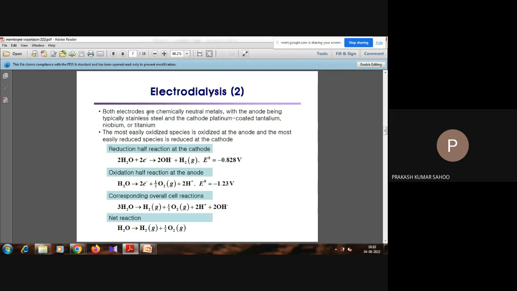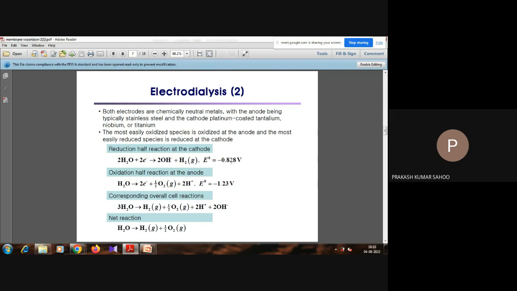Both the electrodes are chemically neutral metals, with the anode being typically stainless steel and the cathode platinum coated tantalum, niobium, or titanium. So, for the electrodialysis of water, the anode used is the stainless steel, and the cathode is the niobium, titanium, or tantalum metal.